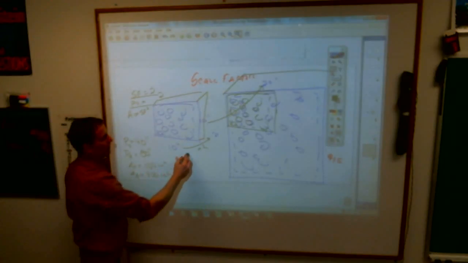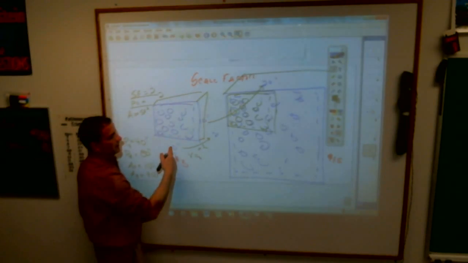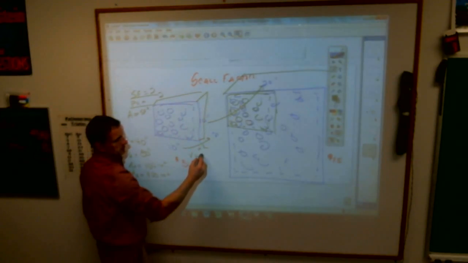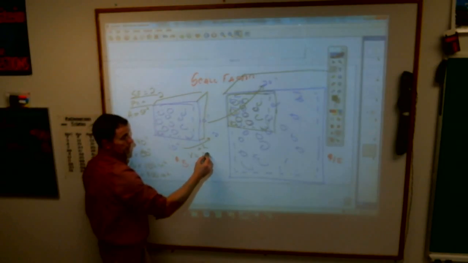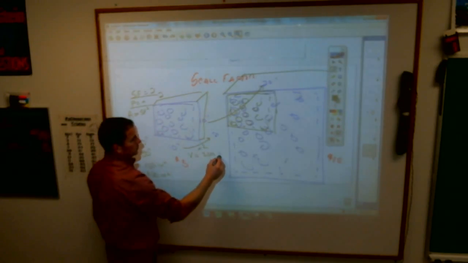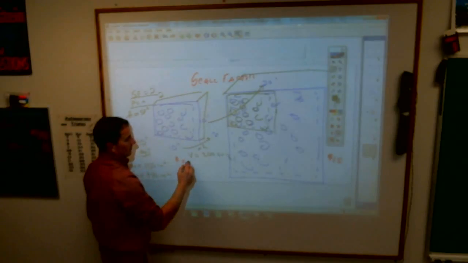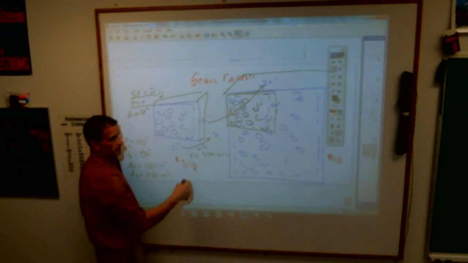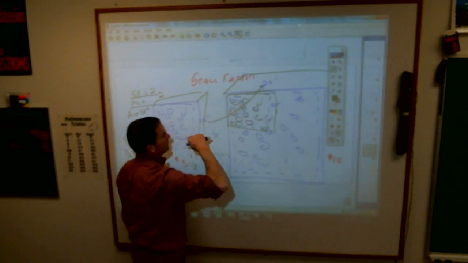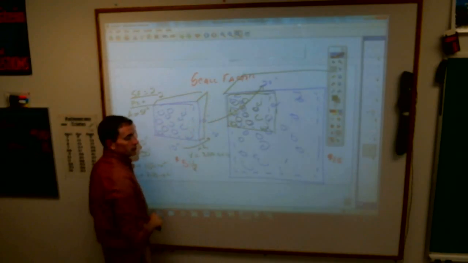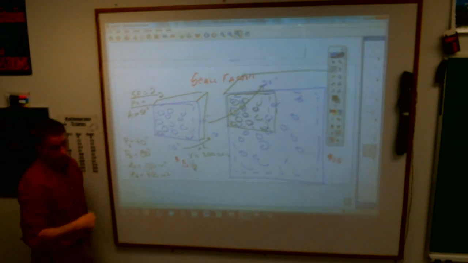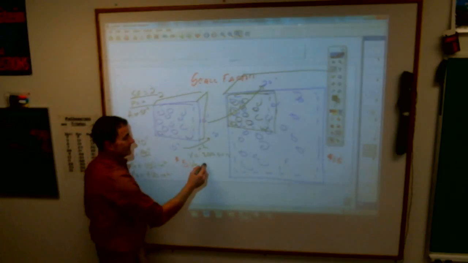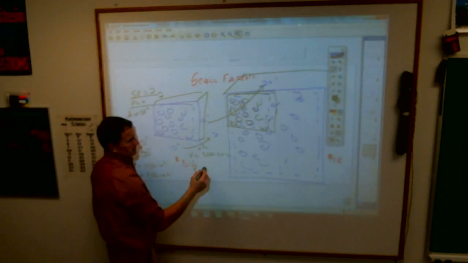Okay, what is the volume of the small pizza? 10 times 10 times 1 is 100 cubic inches. The volume of my big pizza is 20 times 20 times, if I double 1 inch, it's 2. 20 times 20 is 400 times 2 is, did I do something wrong?